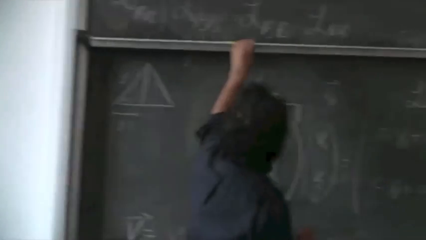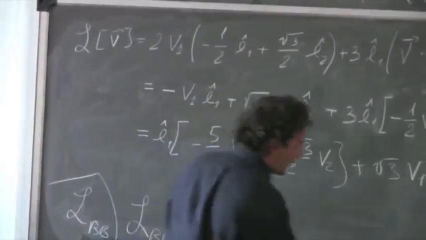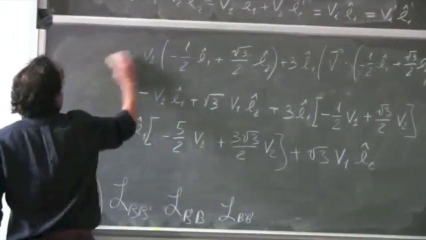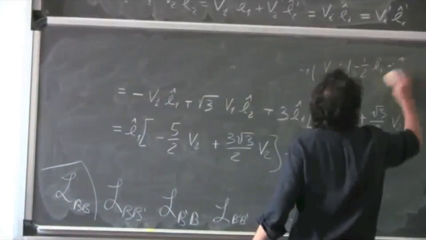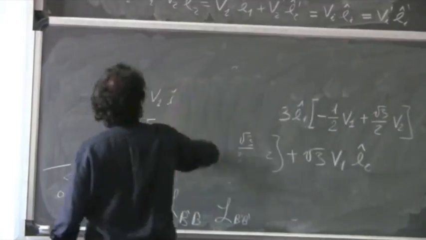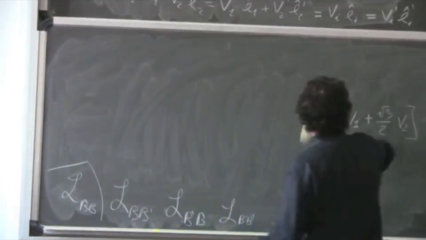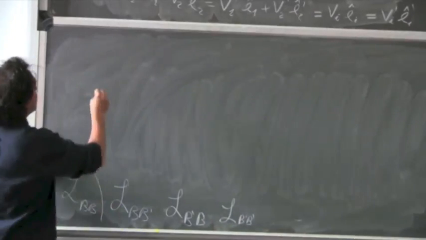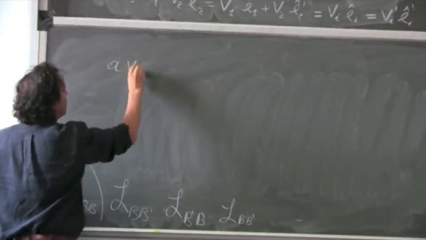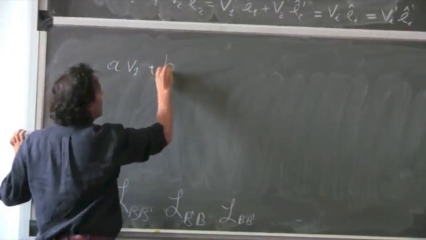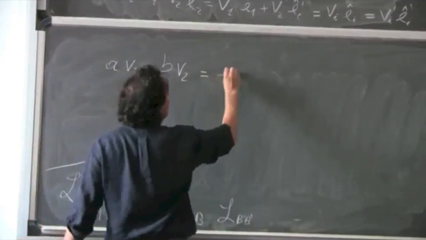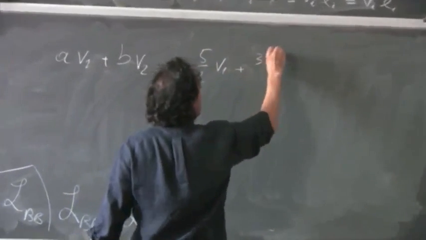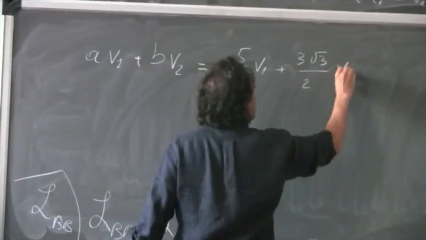So the first equation is A V1 plus B V2 equal to minus 5 over 2 V1 plus 3. Okay?